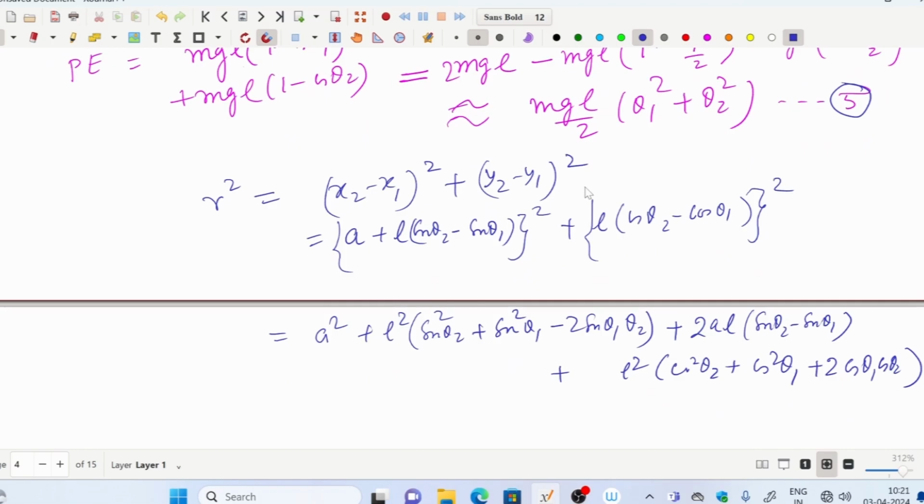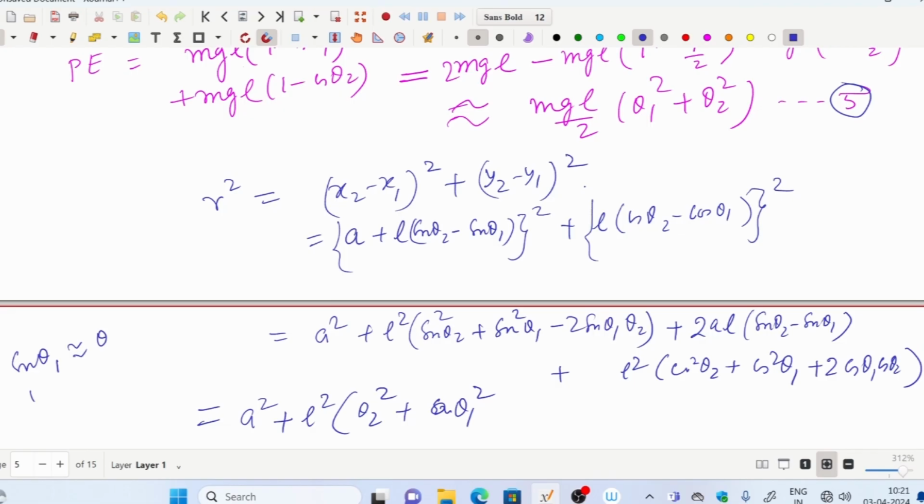Now if I consider the small theta approximation, sin theta is approximately equal to theta, and cos theta will be 1 minus theta square by 2. This approximation we are considering. So, this will be a square plus L square times theta 2 square plus theta 1 square minus 2 theta 1 theta 2, plus 2aL times theta 2 minus theta 1.